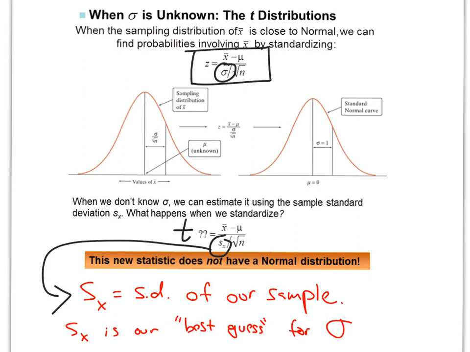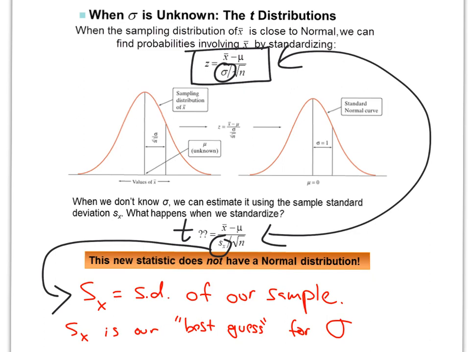Okay, notice that from here to here, one adjustment was made. Sigma's out, s is in. Okay? Because we're saying we don't know sigma, using the Z distribution is out. So we go to the T.